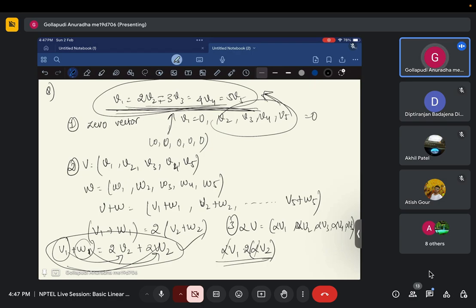Likewise for every other thing. So all the conditions for a set of vectors to be a vector space are satisfied. So vectors with components following this relation will form a vector space.